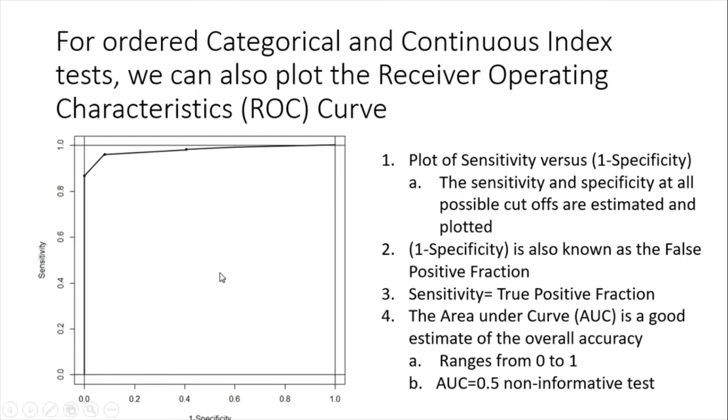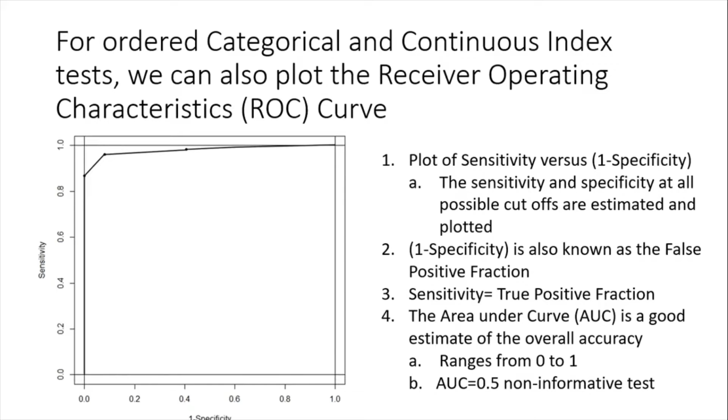For values of AUC greater than 0.5, it means that increasing values of the index test correlate with increasing disease probability. And for values close to 0, it means that increasing values of the test are negatively correlated with disease probability.